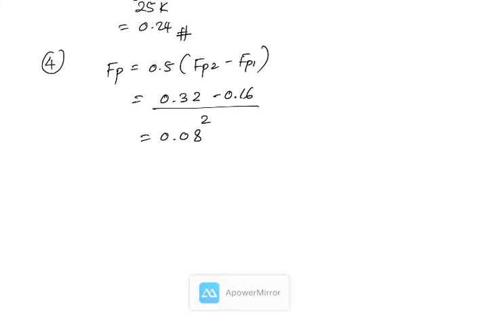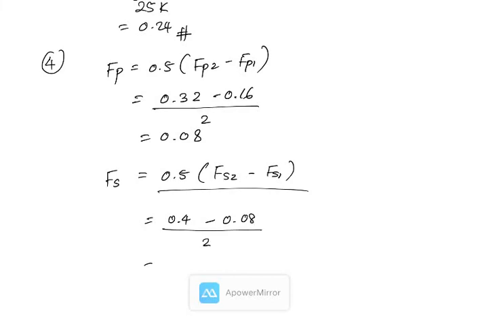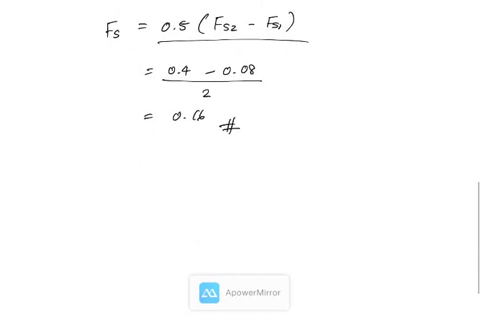And then the band edge for the stopband, Fs equal to 0.5 times (Fs2 minus Fs1). So this is equal to 0.4 minus 0.08 divided by 2, which is equal to 0.16 for the stopband edge. Next, we would like to choose the window.